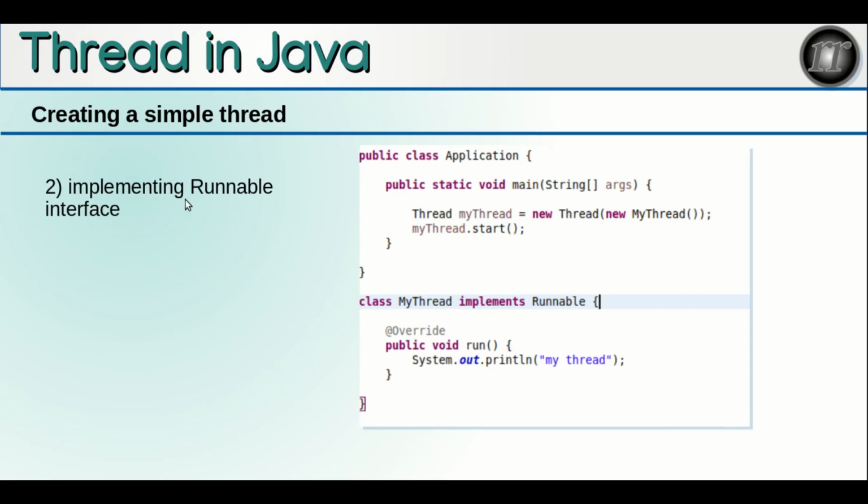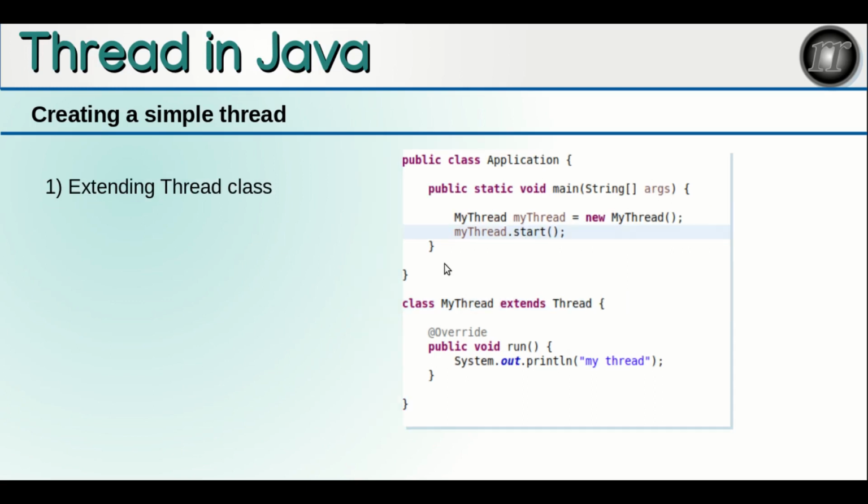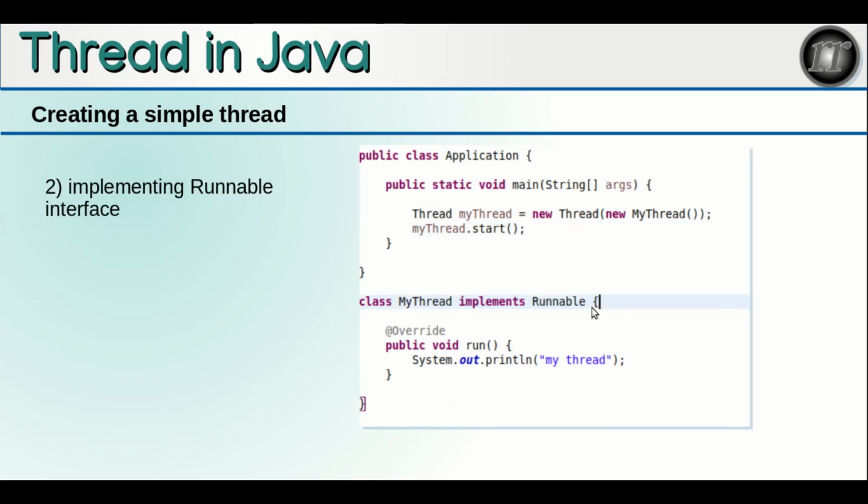Another way is implementing the Runnable interface. The difference you can see here is that we have extended the Thread class there, and here we are implementing the Runnable interface. The Runnable interface has a run method, so you implement this run method in your MyThread class.